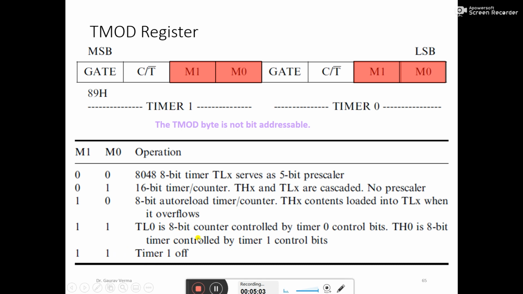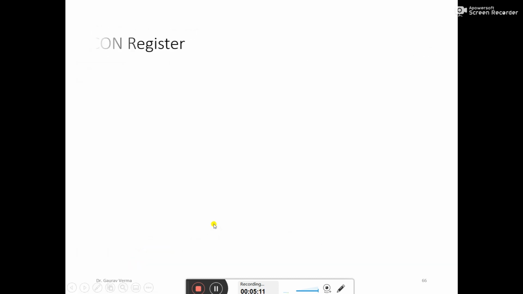So basically this is a split operation. At 11, timer 1 is off, so we cannot use timer 1 in mode 3.